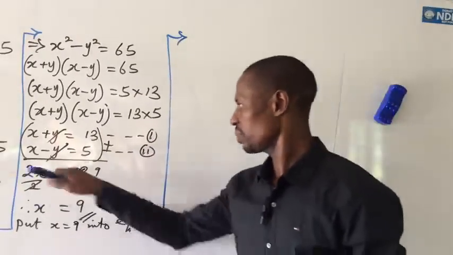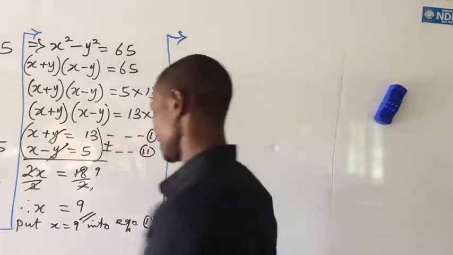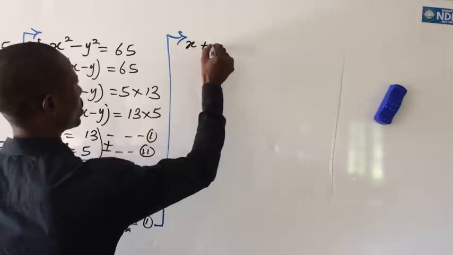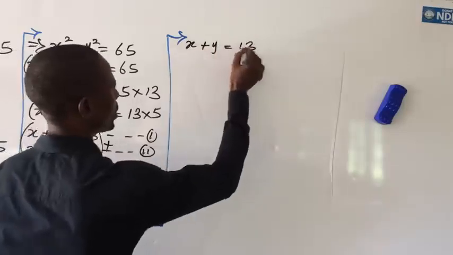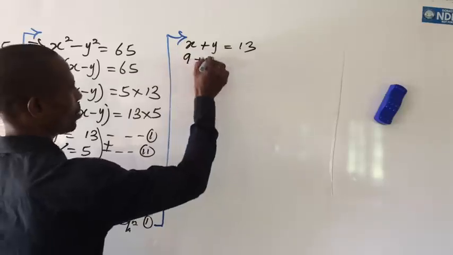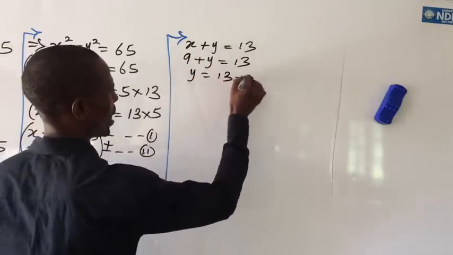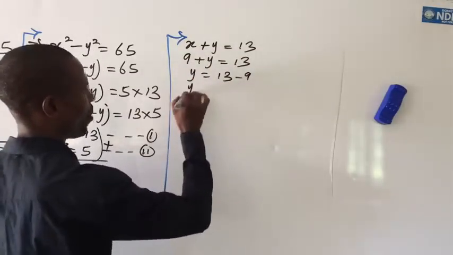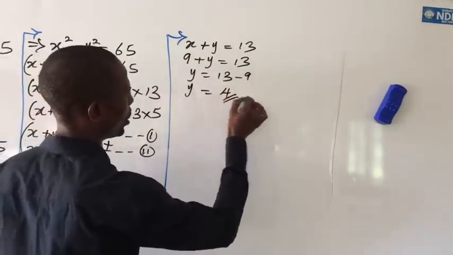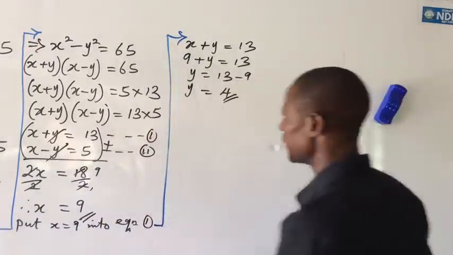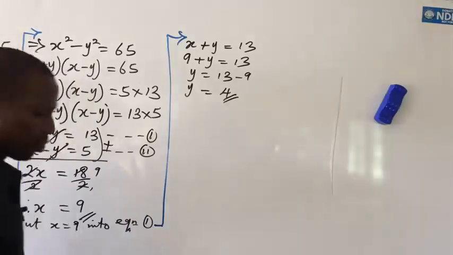Wherever we see x, let's put in 9 there and just simplify. So our equation 1 is x + y = 13. So here we have 9 + y = 13, y = 13 - 9, therefore y = 4. Simple as ABC.